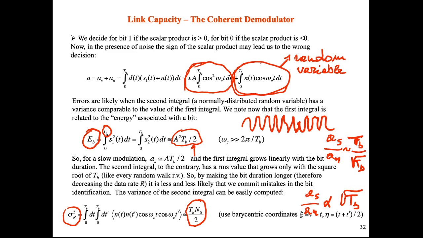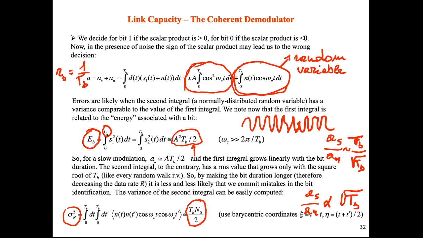So if we want to increase the signal contribution to the scalar product over the noise contribution, we have nothing to do other than increasing the bit duration. But of course, increasing the bit duration implies a lower bit rate, so a lower ability to transmit large volumes of data, because the bit rate, which we can call R or R_B, is equal to 1 over T_bit.